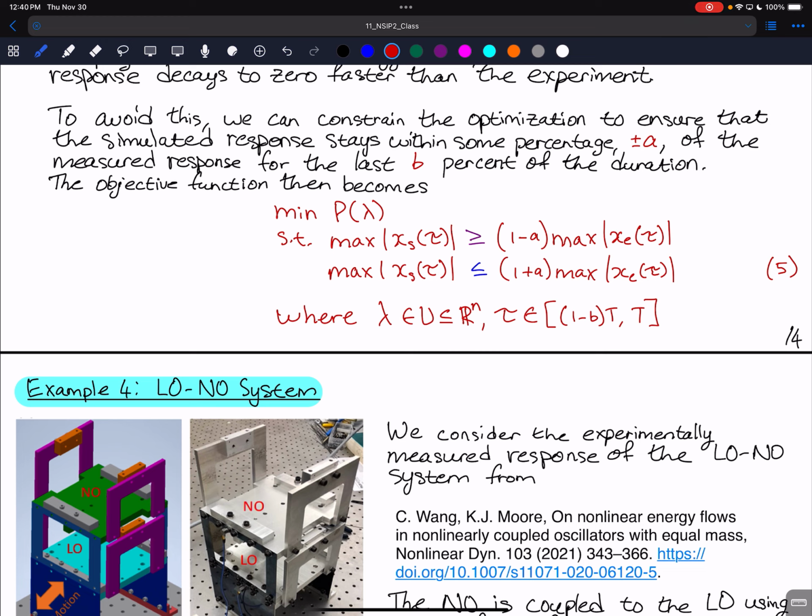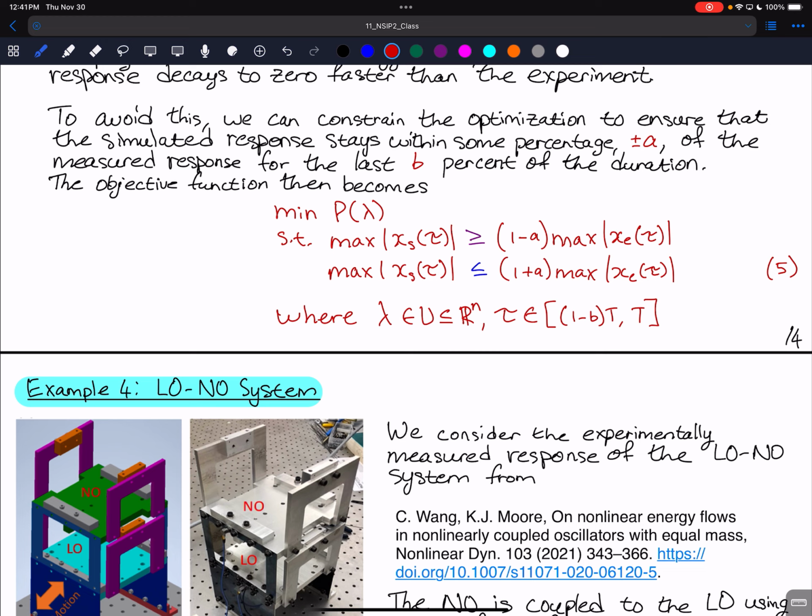And then the second constraint says that it cannot exceed a, or we said a was 0.3 or 30%, so it cannot exceed 30% of that maximum amplitude. And so this is just a way to constrain the optimization to not make the damping too aggressive.